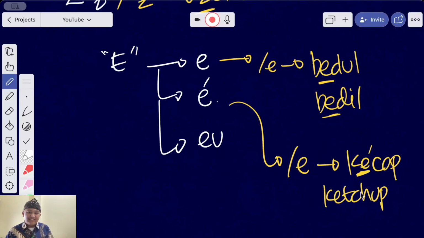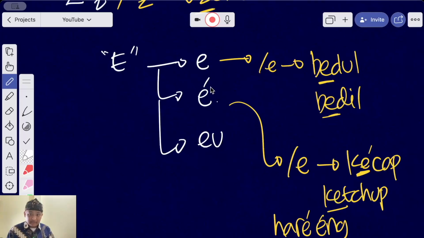Or this is a Sundanese word that means catching a cold: hareeng. That means you're catching a cold. So the E is read like that.